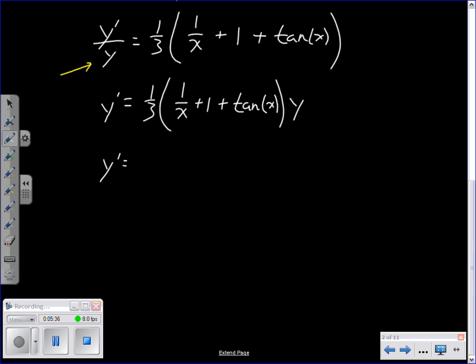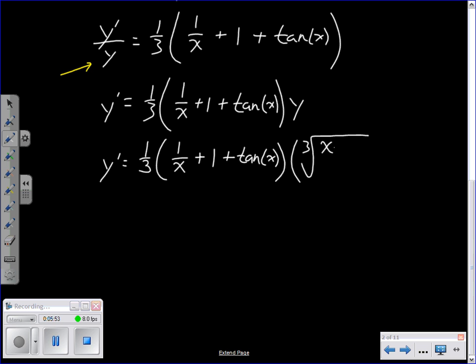Well, y is exactly what we started with in the beginning. So I'm going to simply replace y with what it was originally equal to. So this is 1/3 times (1 over x plus 1 plus tangent x) times the cube root of x e to the x divided by cosine of x.